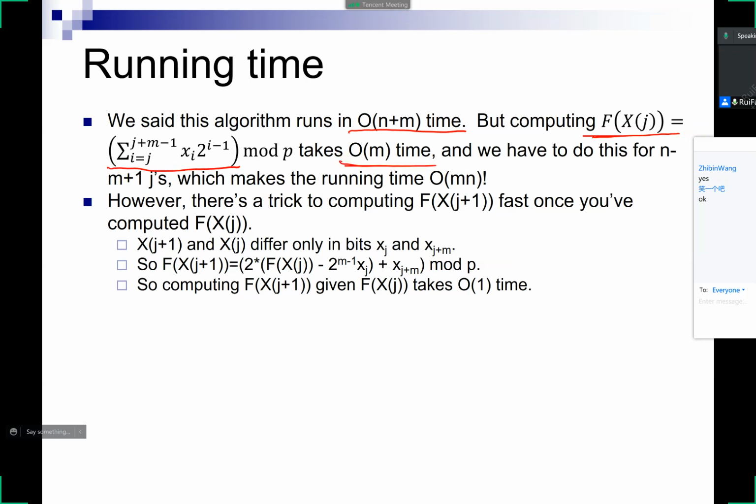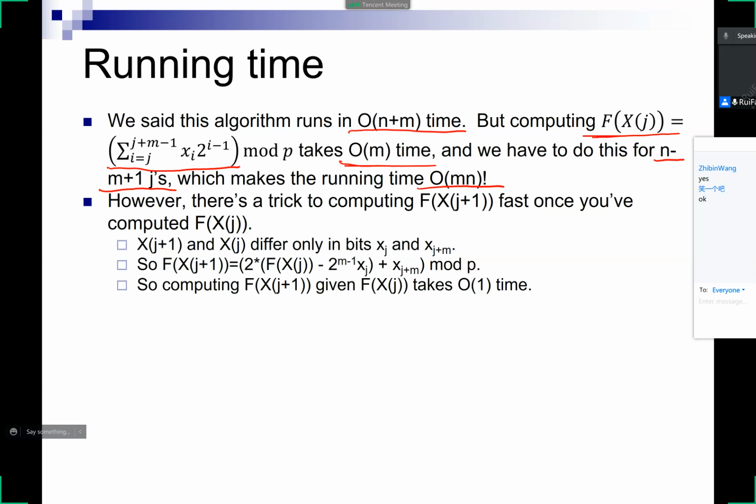And so this would take you order m time just to compute the fingerprint at one j location. Okay, and furthermore, you have to do this for all of these different j's. Right, so they're basically order n different j values. And so if you do this naively, this is actually going to take you order m times n time, okay, not m plus n. Okay, and so therefore we have to somehow not do this naively.